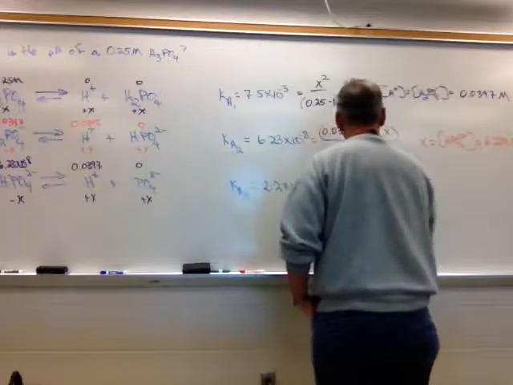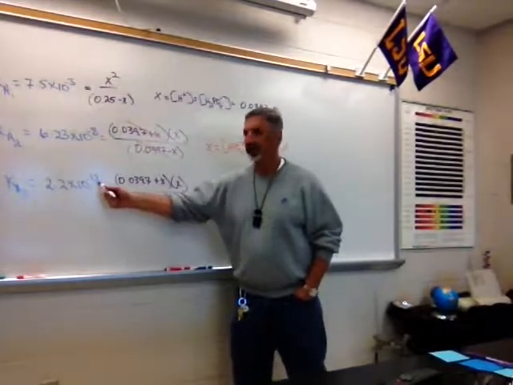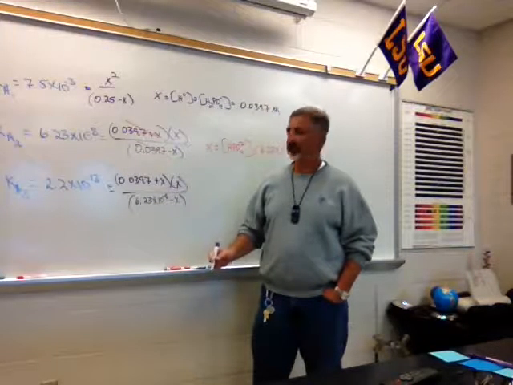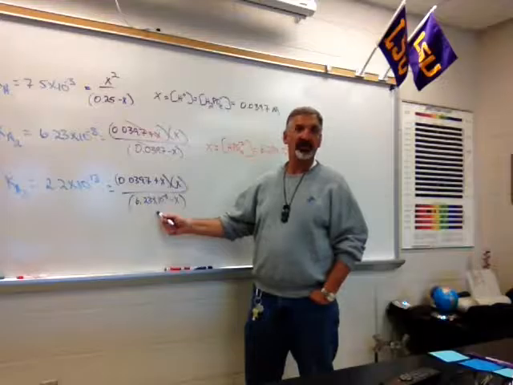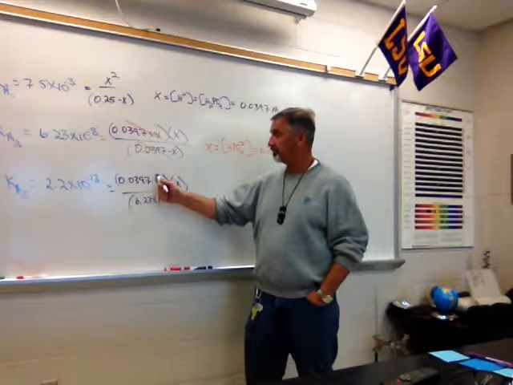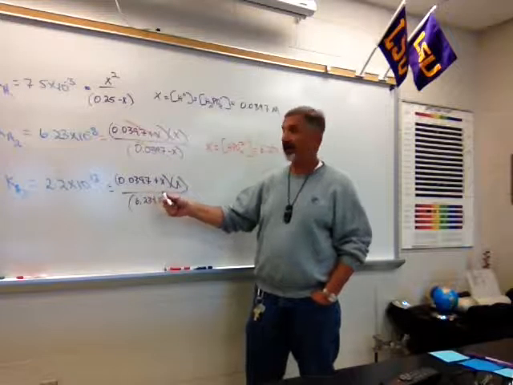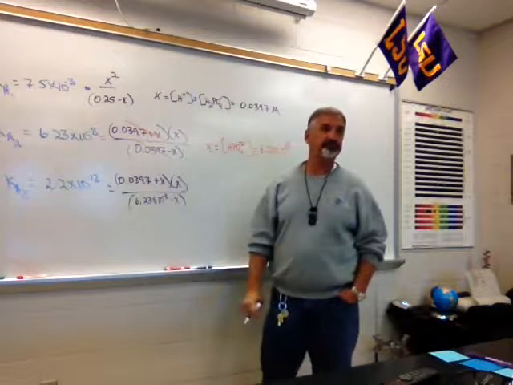Now again, what can we assume about x? Because we're at minus 8 minus 13, it's going to be negligible. But now these don't cancel out. The x's get rid of, but then you just go ahead and do it on your calculator, the simple math, just solving for x. This times this divided by that.